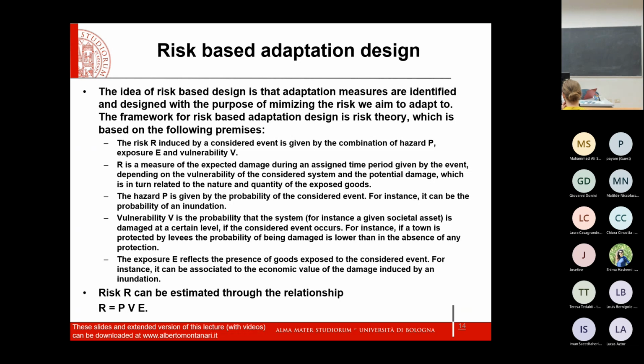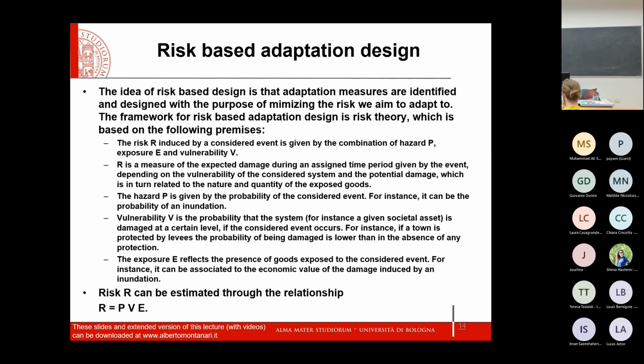And I said, let's assume that vulnerability and exposure are constant. So once the event happens, no matter the intensity of the event, vulnerability and exposure are constant, which is not reasonable. And I said, if you remember, I will relax these assumptions later on.